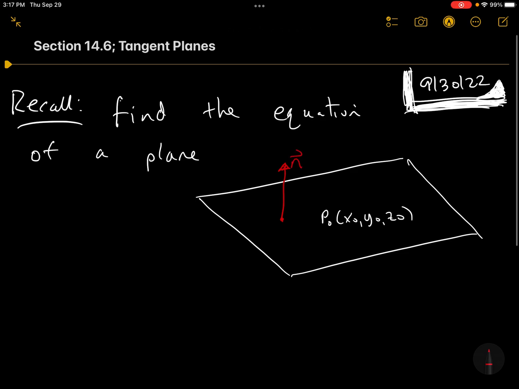And if the normal vector has Ai plus Bj plus Ck, this is all from section 12.5. We did all the stuff before.